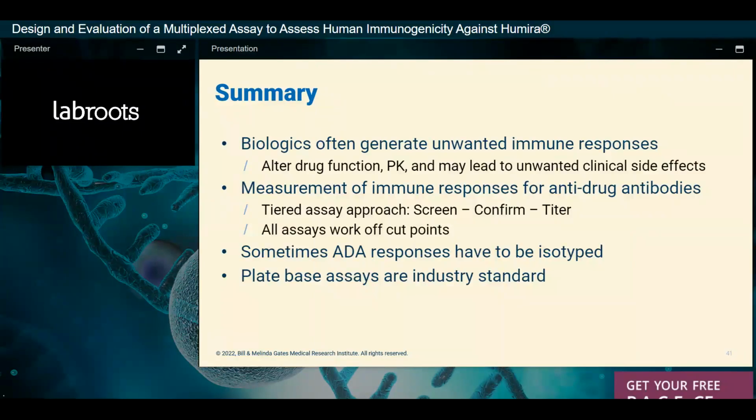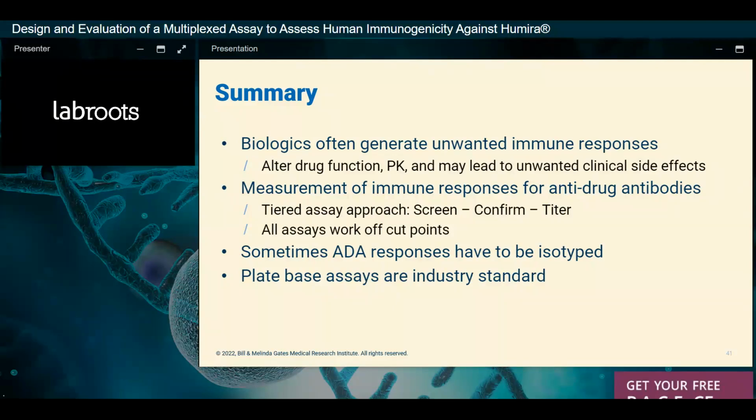So just to kind of bring things back, you have to remember that biologics often generate unwanted immune responses when we put them into human beings. And these unwanted immune responses can alter drug function, they can alter the PK profile, and sometimes they lead to unwanted clinical side effects, which can be life threatening.